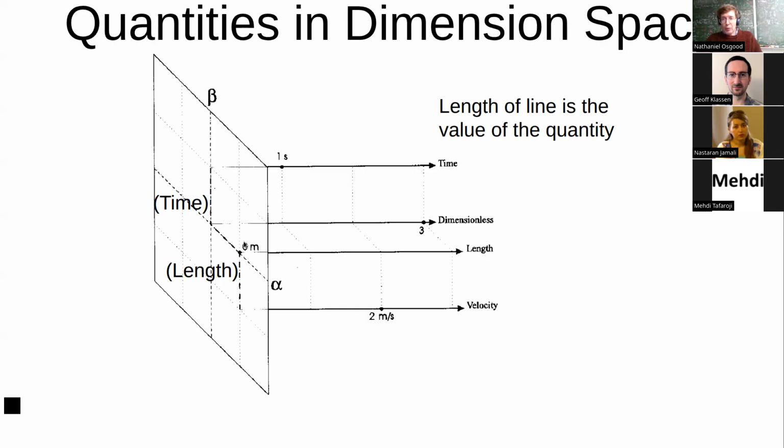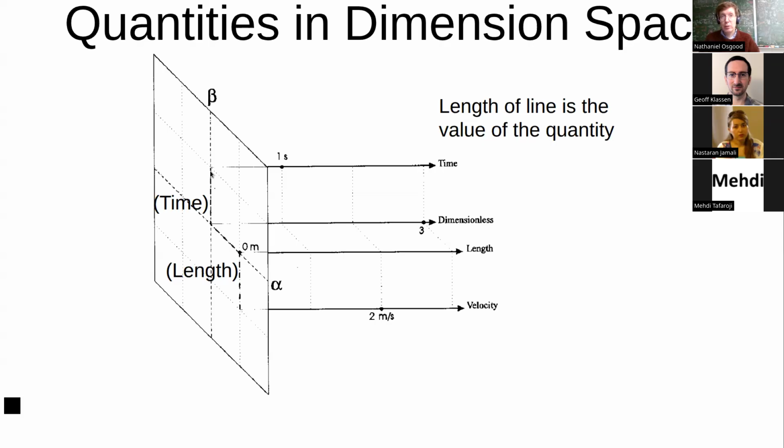So when we talk about dimensional quantities, maybe we want to quantify how long this phone is, or the area associated with this little bag. If I want to specify the length of the phone, it's going to be associated with a certain dimension, length.